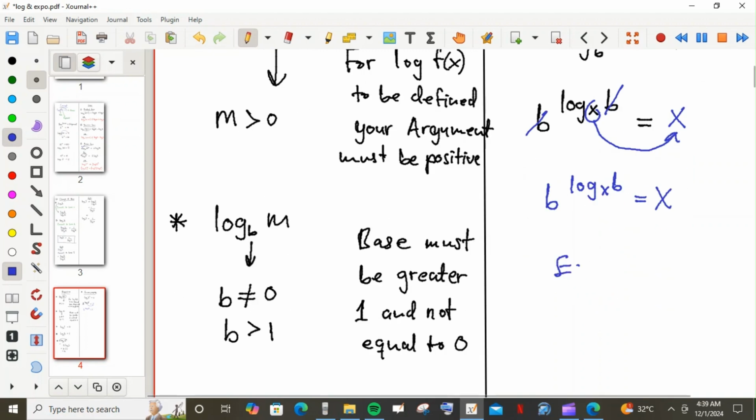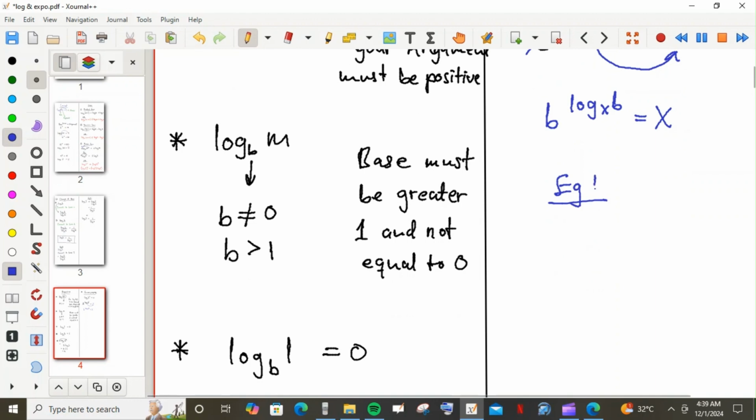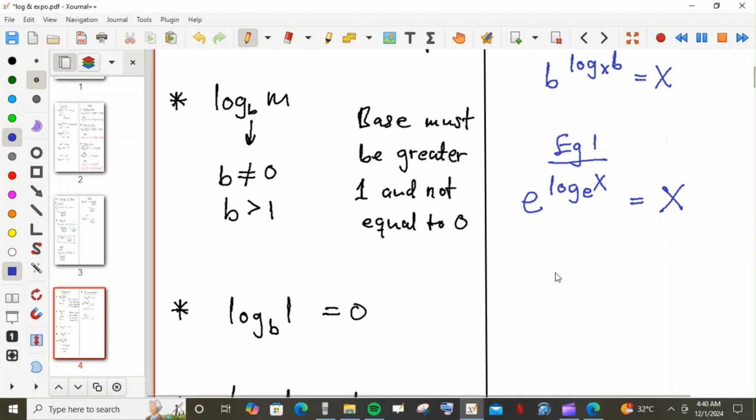So can we take an example? If I have e to the power logarithm of x to the base e, this is the same as x. The e and e will cancel, so it's left with x.